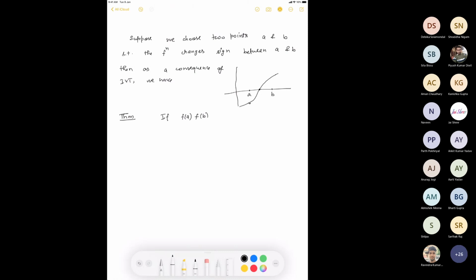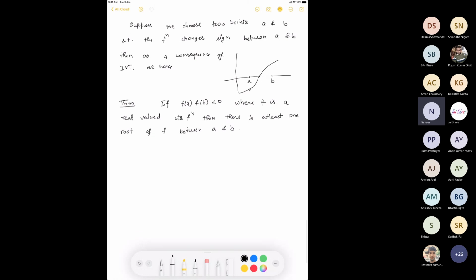That means this product f(a) times f(b) is strictly less than 0, and we assume that f is a real valued continuous function. Then there is at least one root of f between a and b. Right?